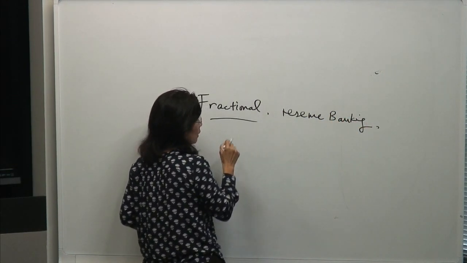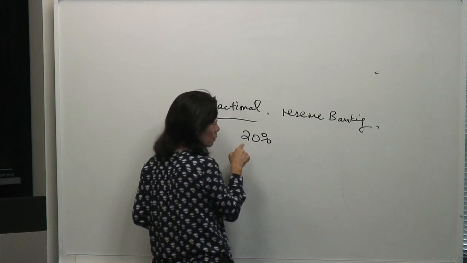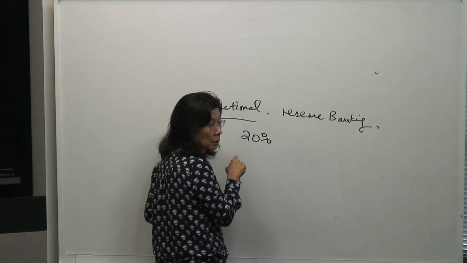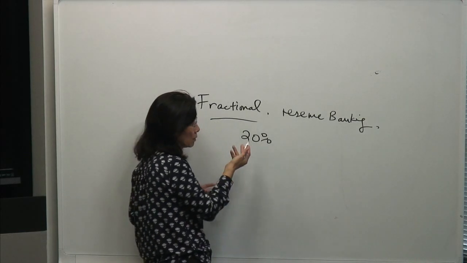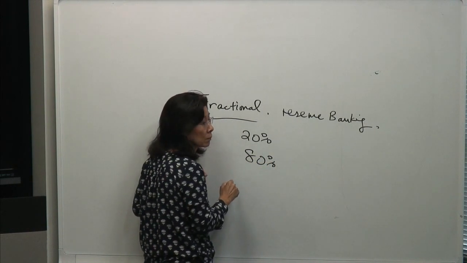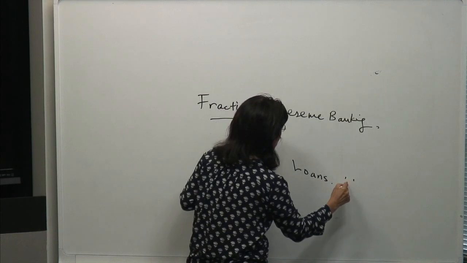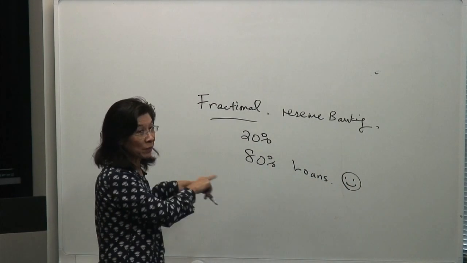let's just say it's 20%. So in other words, they only need to set aside 20% of that 10,000, which is how much? 2,000, right? What happened to that 80%? They use it to make money. They make loans out of it. That's from their viewpoint.